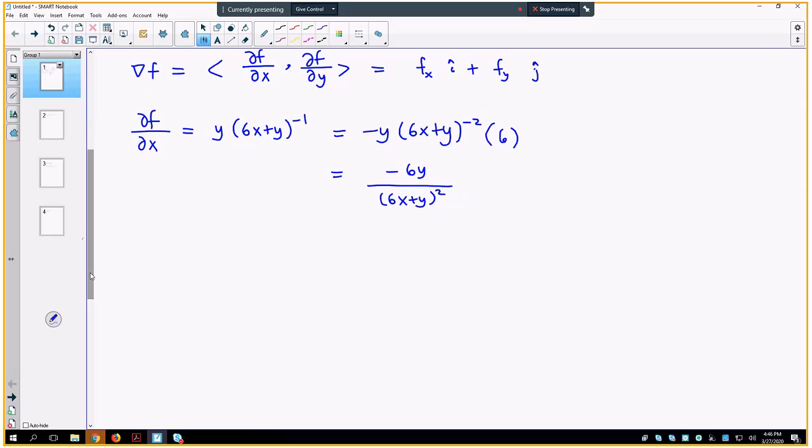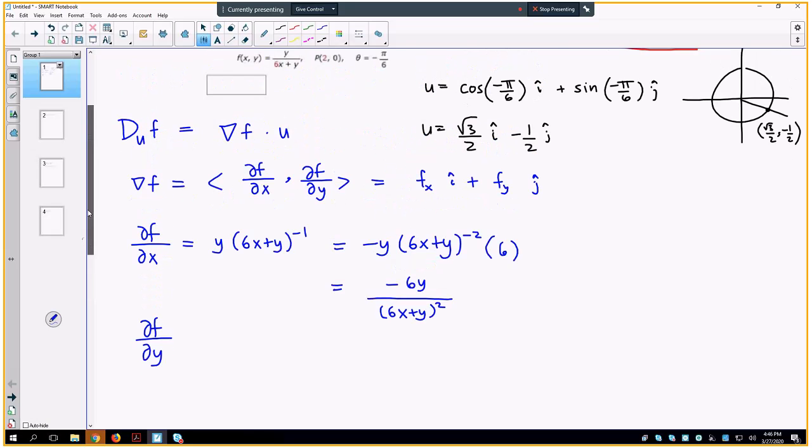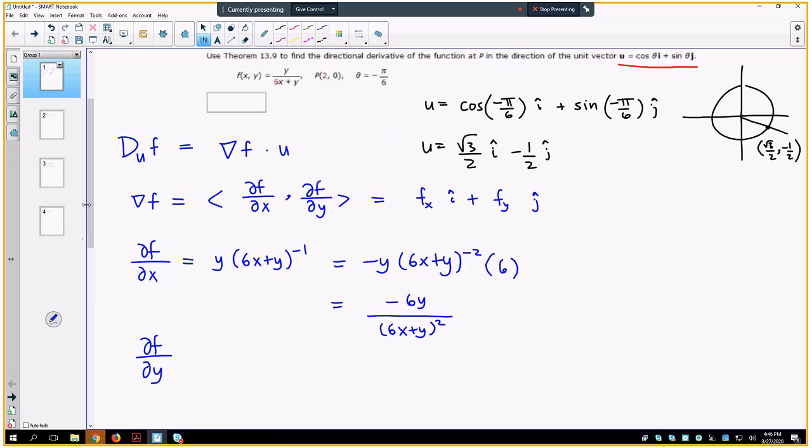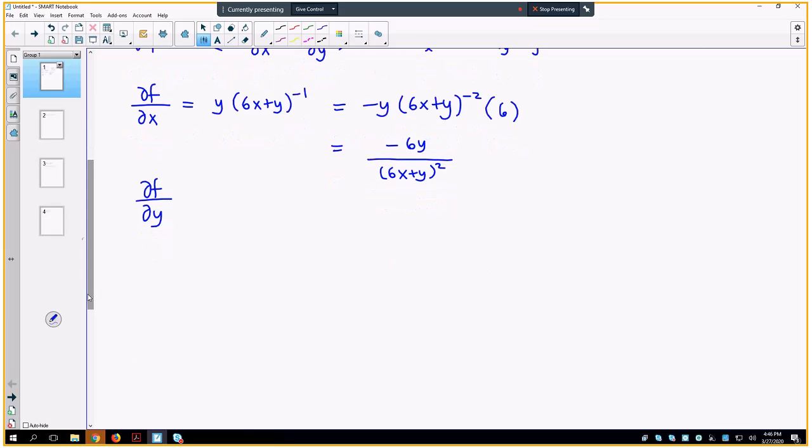Now let's find the partial with respect to y. In this case, we're treating x like a constant, but if we look at our function, we have y on both the top and the bottom, so we're going to need to use the quotient rule. Del f del y. So that'll be the bottom, 6x plus y, times the derivative of the top, but the top is just y, so the derivative is just 1, minus the top, y, times the derivative of the bottom, and in this case, that's just 1 as well.